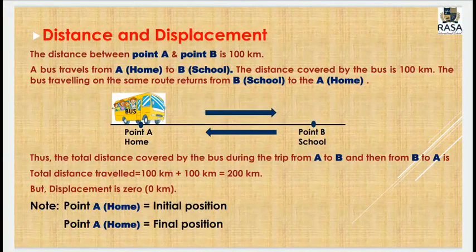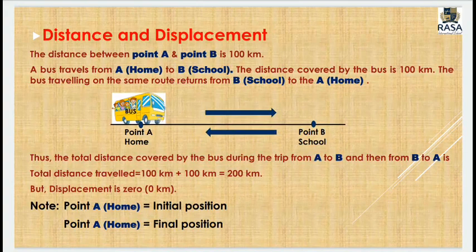Now here we have one more example to understand distance and displacement. The distance between A and B is 100 kilometers. The bus travels from A to B first, then from B to A, so finally it stops at A. The initial position is A because it started from here, and the final position is also A. So that is like your home, from home to school and from school to home.